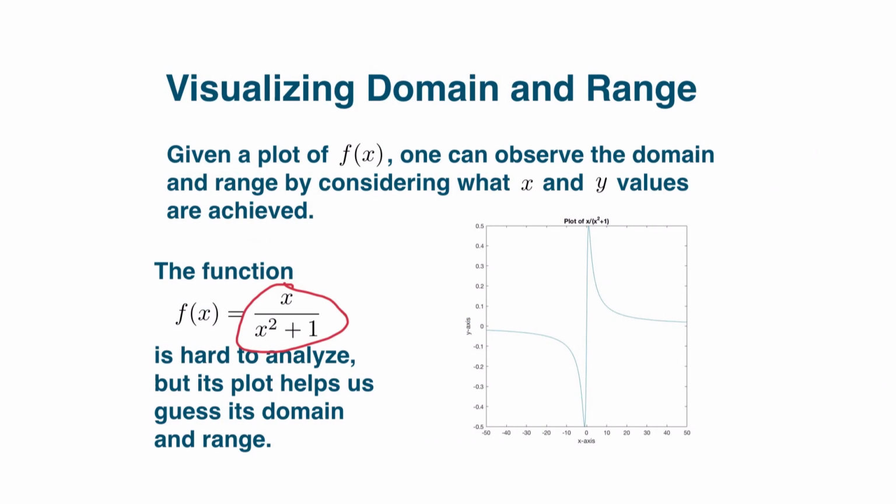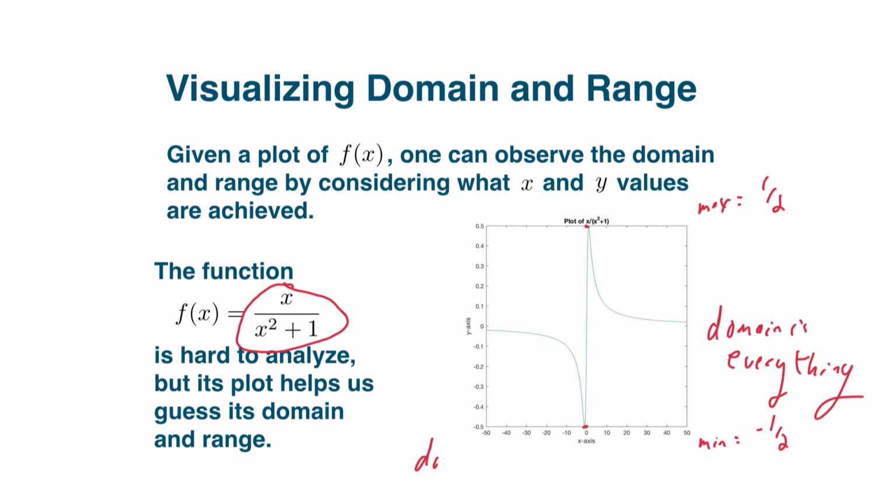The domain is probably going to be everything because the only problem I would have is dividing by 0, but x squared plus 1 is always greater than or equal to 1. But if I show you the plot, you can tell me not only is the domain everything, you can tell me what the range looks like. So here, this tells me that the domain is everything because there's no input values that are excluded, and it also gives me a good estimate on the range. The biggest value achieved is 1/2, and the minimum value achieved is -1/2.